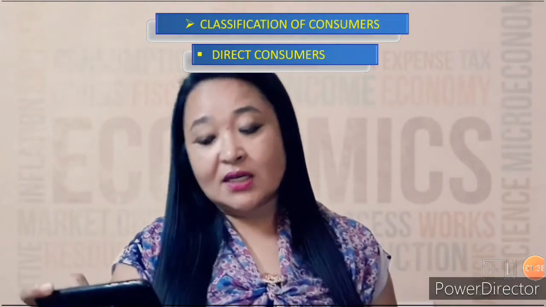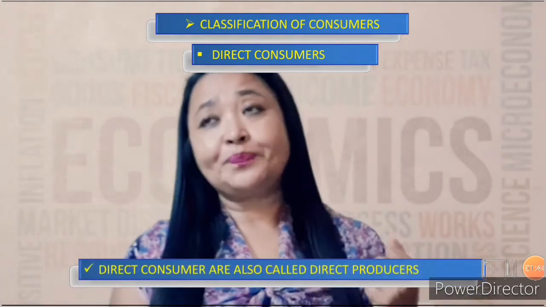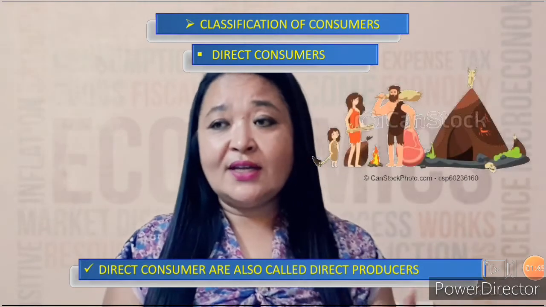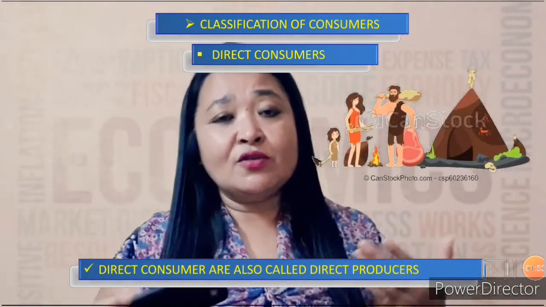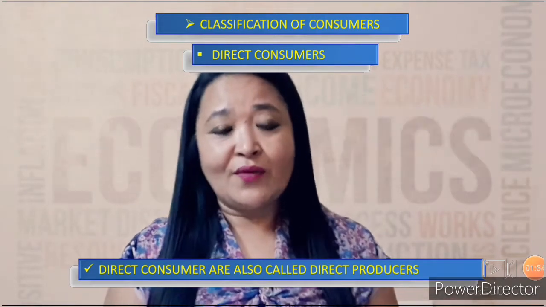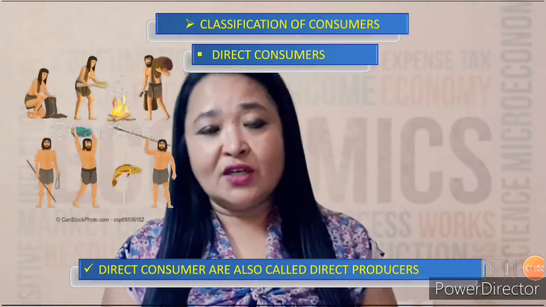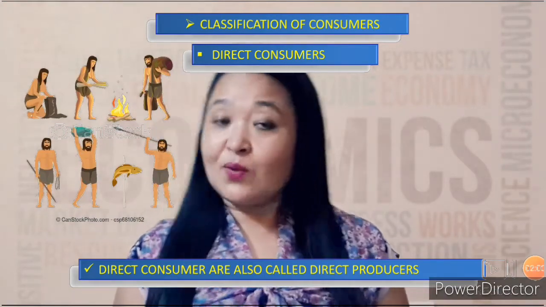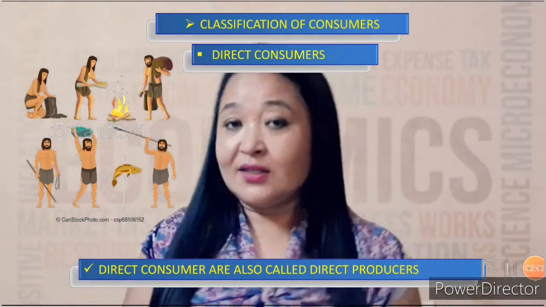In the classification of consumers, the first classification is the direct consumer. Direct consumers are also known as direct producers. In ancient times, people used to produce all the basic necessities of life themselves, from food to clothing to shelter, everything for their personal consumption as well as their family's consumption.